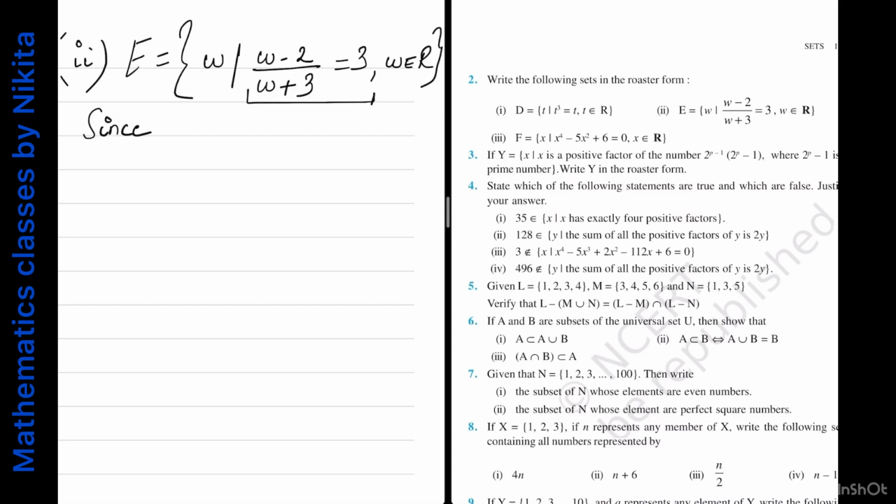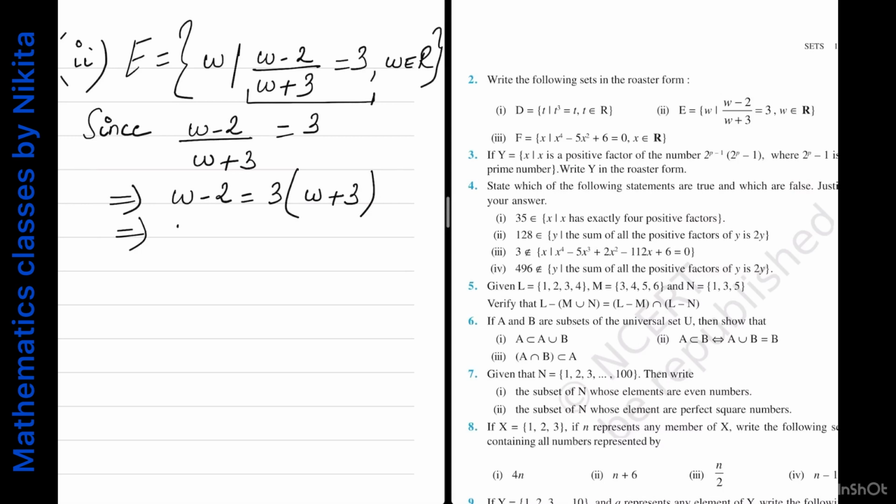Okay, so you have a numerator, in the numerator you have a polynomial, in the denominator you have a polynomial. So since (w minus 2) divided by (w plus 3) is equal to 3, what I can do is solve this by taking w plus 3 to the right hand side.